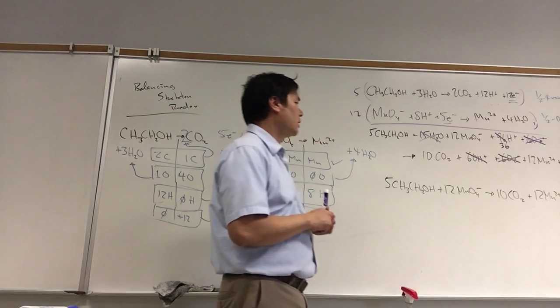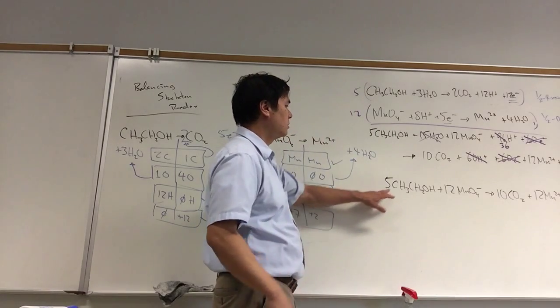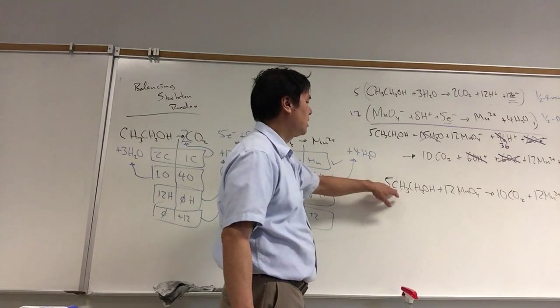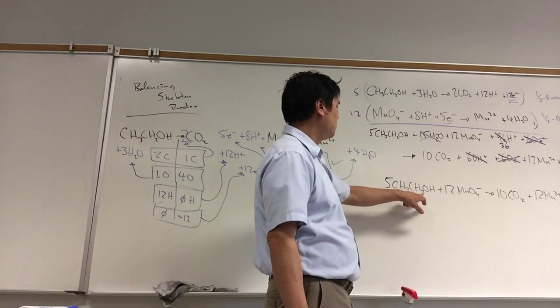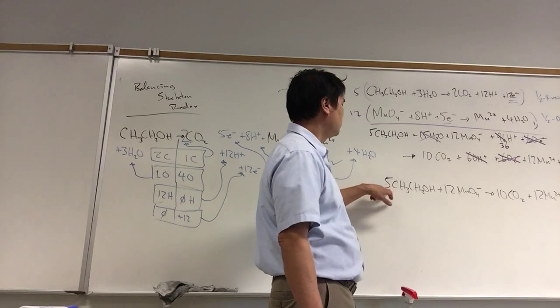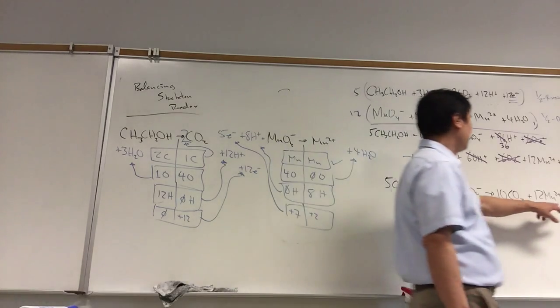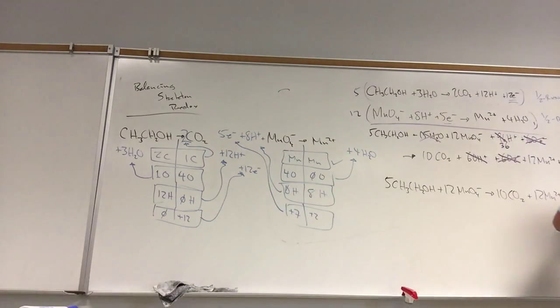All right, let's double check to see if this is balanced. So 5 times 2 is 10 carbons, 10 carbons. This is 6 times 5 is 30 hydrogens. I must have made some kind of mistake here, because the hydrogens aren't balancing.